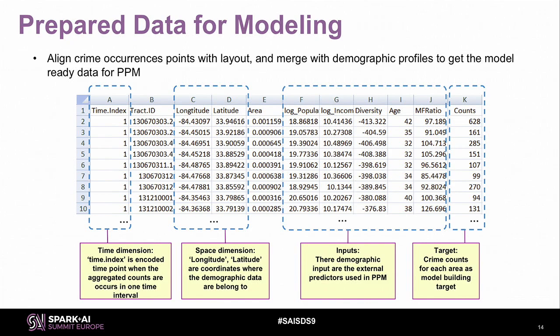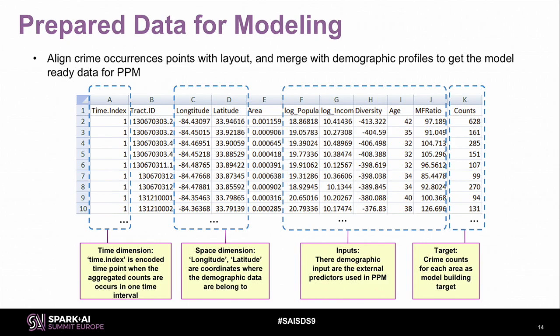If you want to analyze day by day, you can simply use the daily cut point. If you want to predict month by month, you can use monthly as a single time interval, depending on your usage. And here, the longitude and latitude are used as the location information.